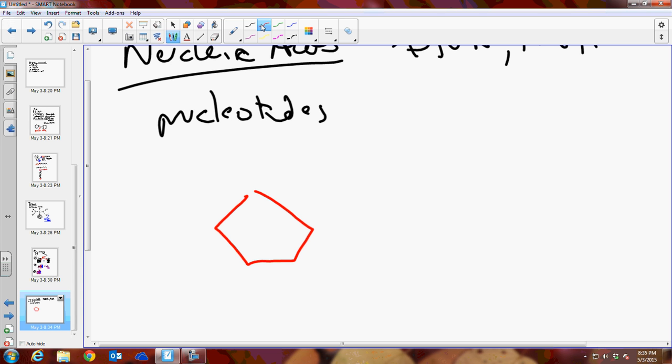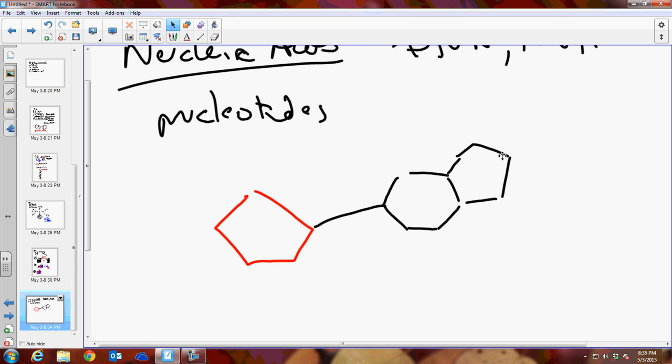It's either going to be ribose for RNA or deoxyribose for DNA. Then you have a nitrogenous base, and this nitrogenous base can be either one ring or two rings.